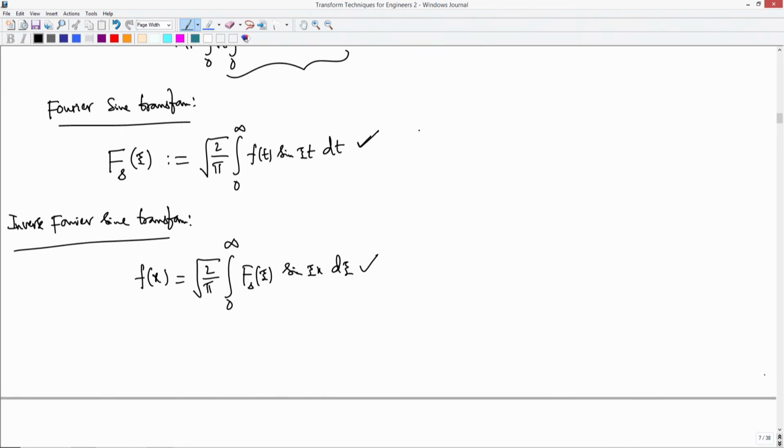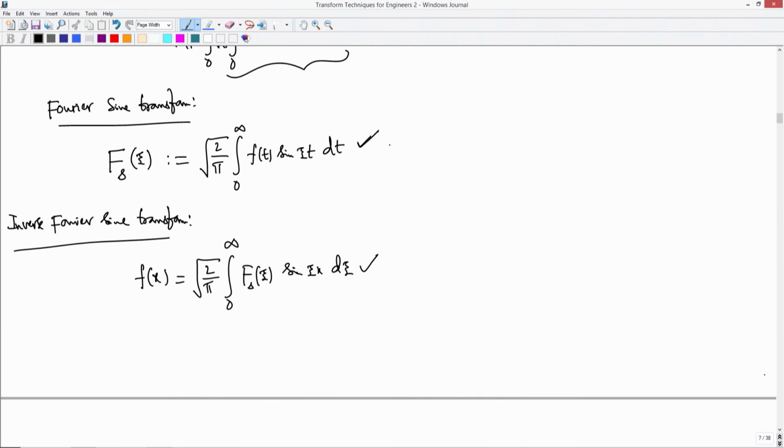Like earlier, even for Fourier series, you defined only the Fourier coefficients, and the fact that every signal can be composed in terms of these coefficients and fundamental signals is actually the inverse transform. Analogously, here you have a definition of the Fourier sine transform, and the Fourier integral theorem gives you the inverse transform.